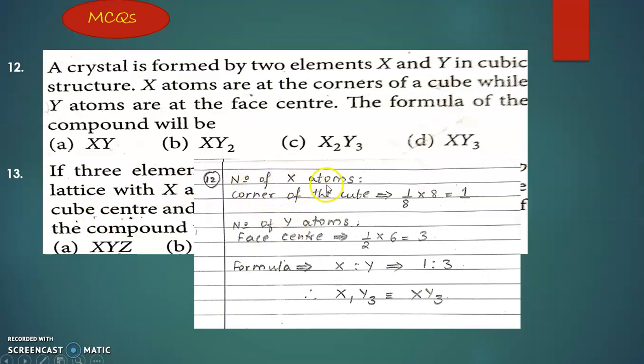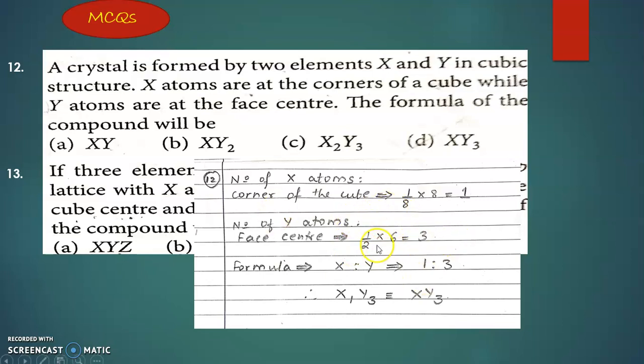Number of X atoms. Now, X atoms, as we know, are present at the corners of the cube. The particles which are present at the corner of the cube contribute 1/8 to the cube. There are 8 such corners, so 1/8 into 8 would be 1. Number of Y atoms. Y atoms are present at the face center. So, the face center particles contribute half to the unit cell. There are 6 such faces, so half into 6 would be 3.